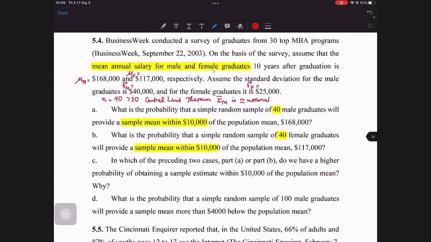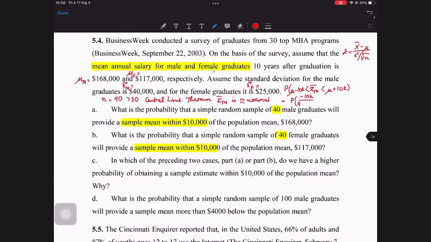So the probability that x bar for male will be within mu minus 10,000 and mu plus 10,000 will be equivalent to P of minus 10,000 divided by sigma over square root of n. Remember the formula, x bar minus mu over sigma over square root of n.